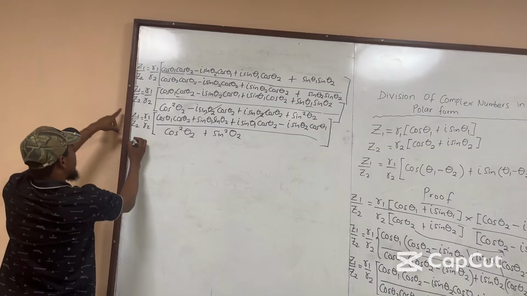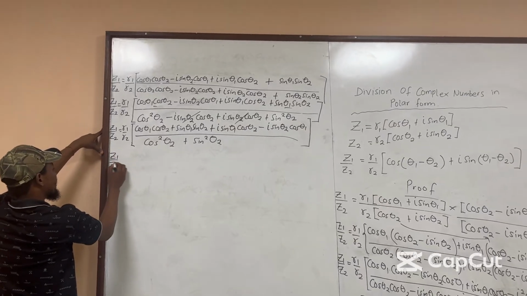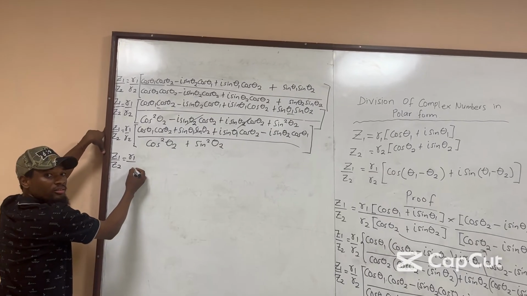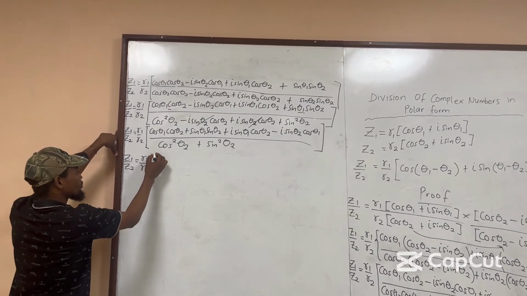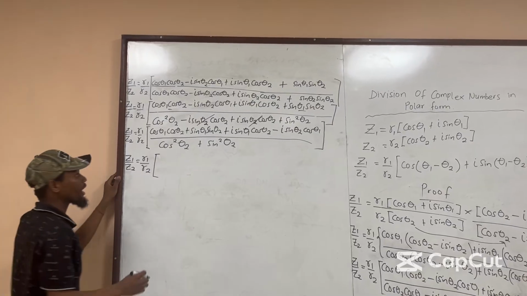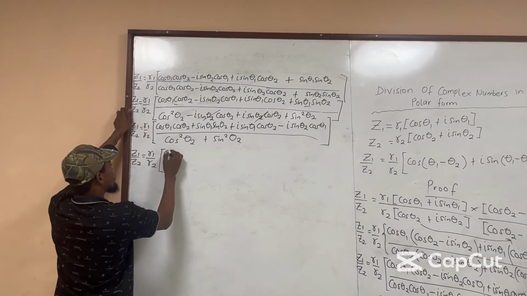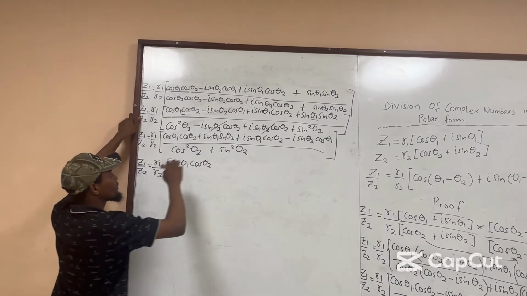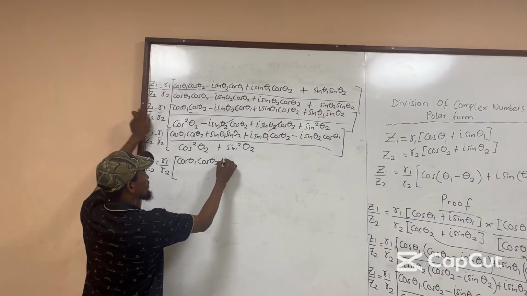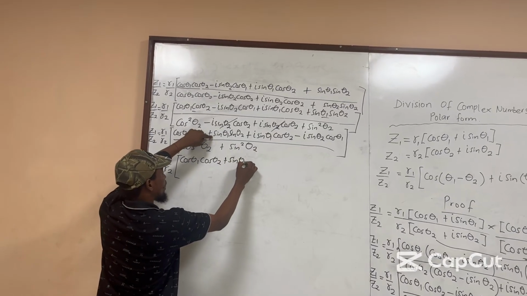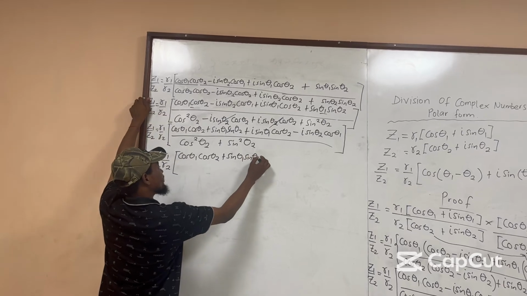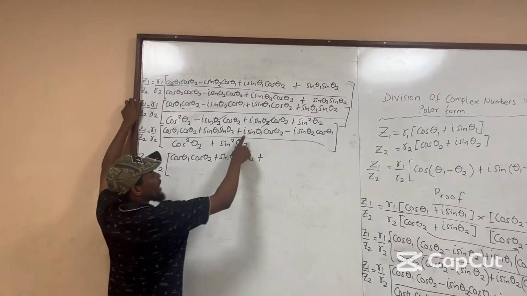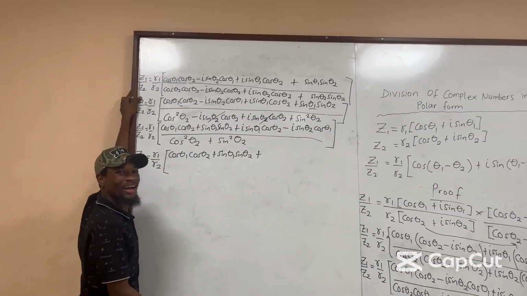So I have z1 over z2, which is equal to r1 over r2. Then I have this. We have cos theta 1 cos theta 2, then we have plus sin theta 1 sin theta 2. Then plus, we have I here, so we'll factorize I out.